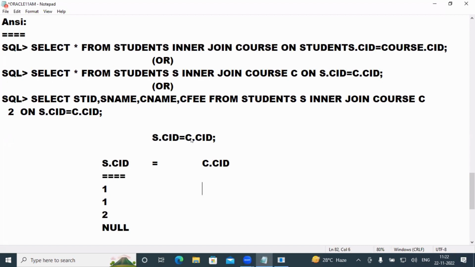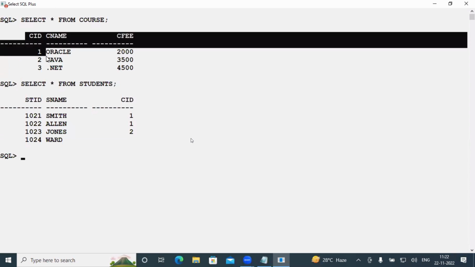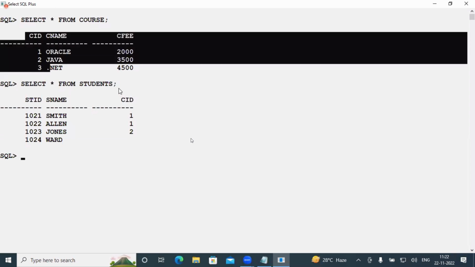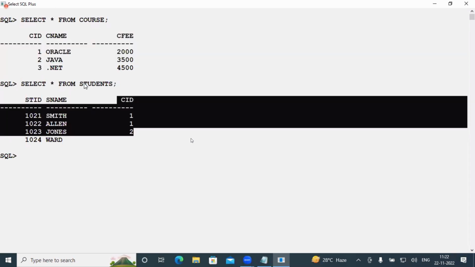In the course table we have course ID 1, then course ID 2, and course ID 3. So these are the two tables' information.